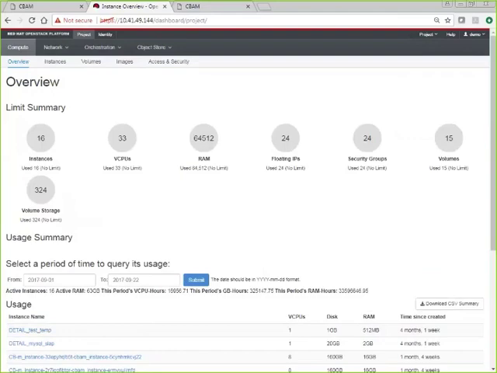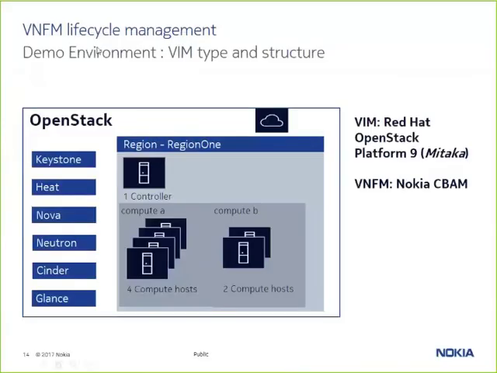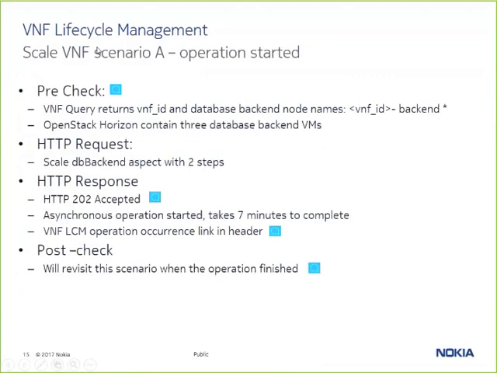Okay. Going back to the presentation, let's do our first ever scaling operation. Okay, so let's do first a pre-check. Let's see that we have a VNF query operation which returns our VNF ID, and I will show you that we have those VMs in OpenStack Horizon.